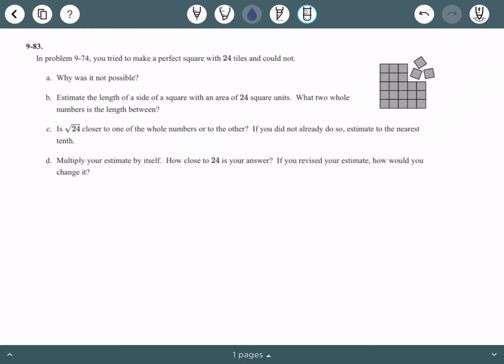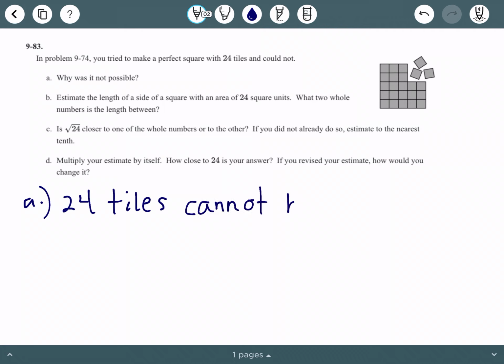Okay, so the reason it was not possible is because 24 tiles cannot be formed into a square.